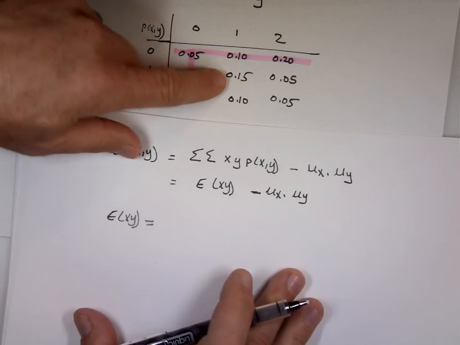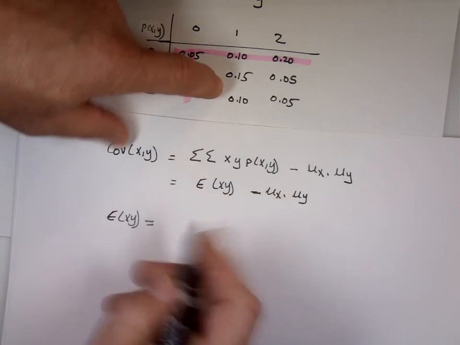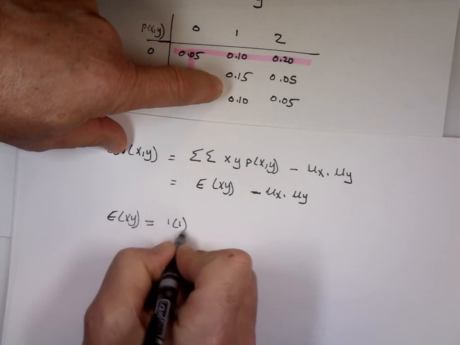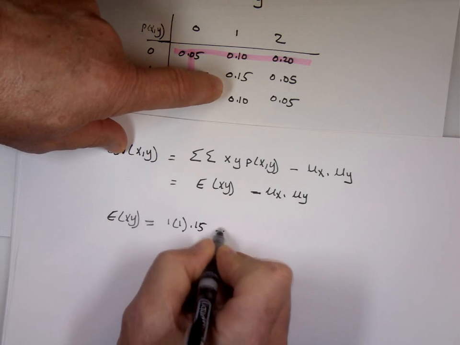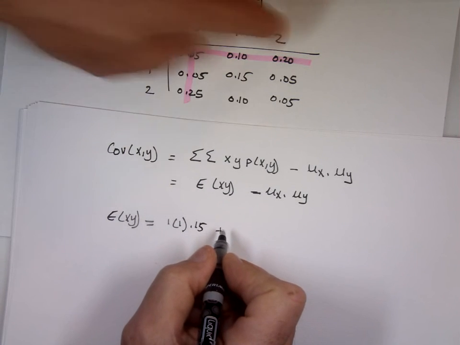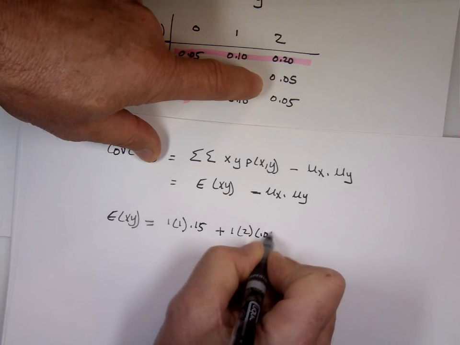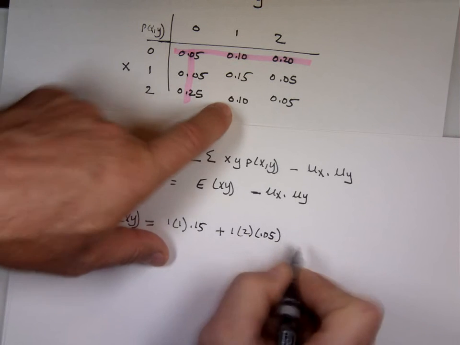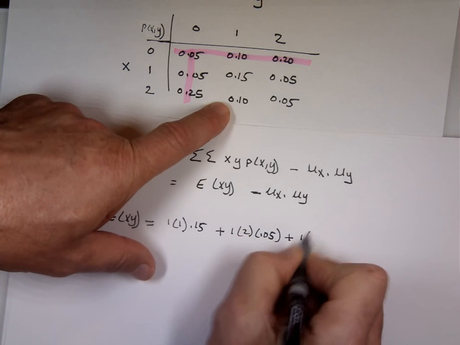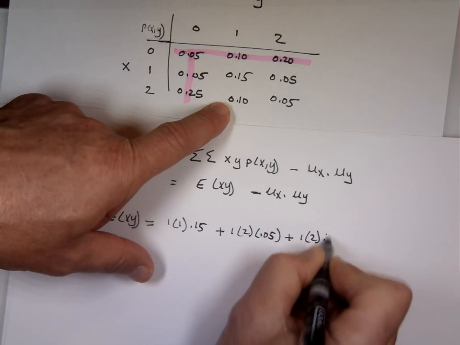So to get this number, x is 1, y is 1: 1 times 0.15. This one, 1 times 2 times 0.05. This number, 1 times 2 times 0.1.